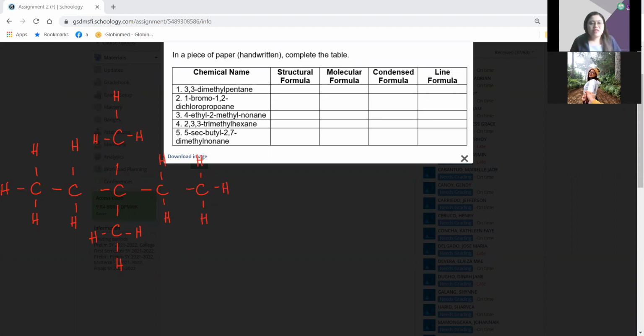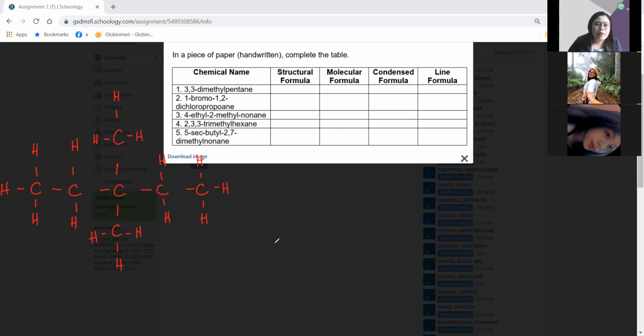Okay, so this is now the structural formula of 3,3-dimethylpentane. Do you have questions or clarifications for this? Any questions? Okay. So naintindihan nyo ha how to make the structural formula.